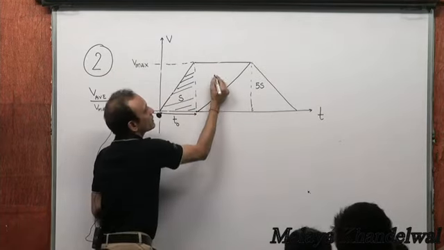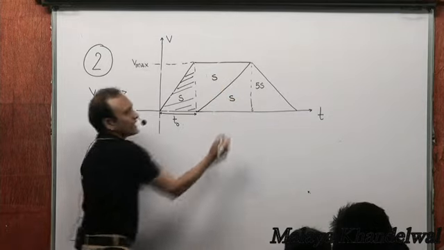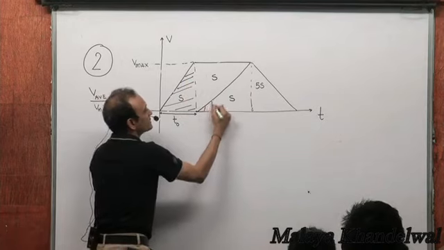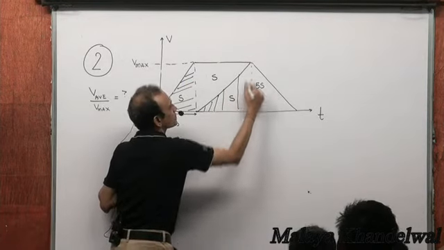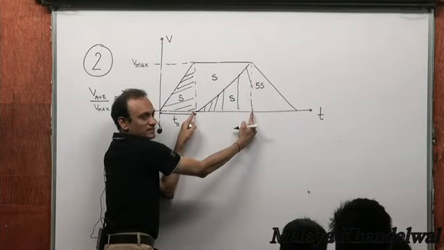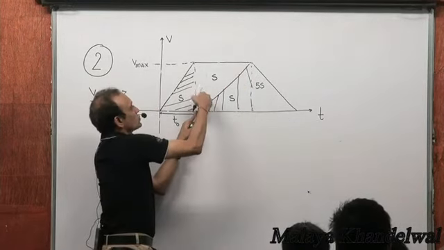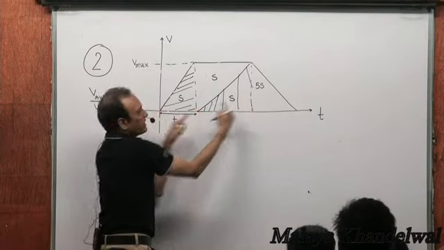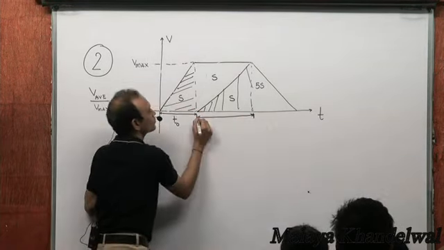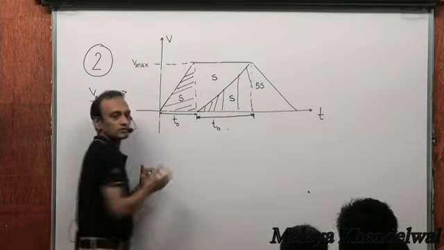That means this triangle is s and this triangle is s. Yes or no? They have the same height, so they must have the same base to have the same area. That means this must be t0 units.